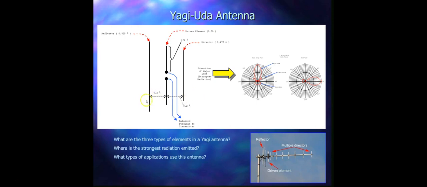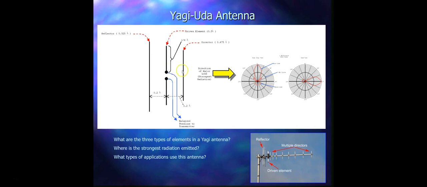This reflector is made electrically long. It is 5% longer than the driven element, and it serves to reverse the direction of the radio frequency energy emitted back from the driven element.